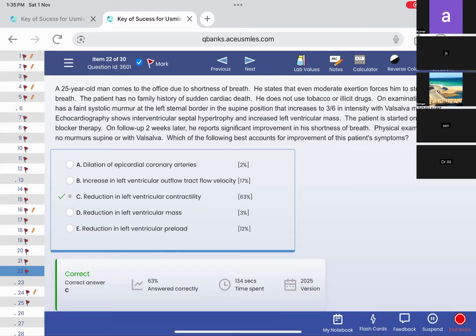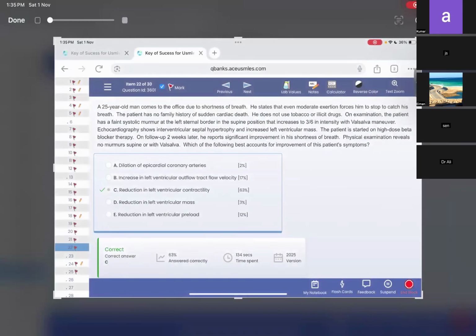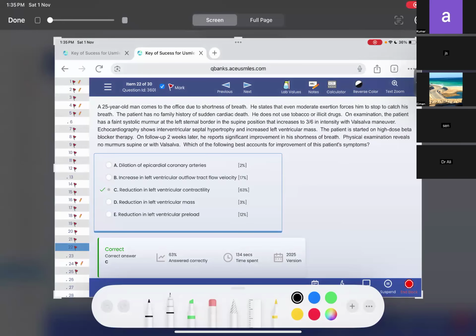Beta blocker will tend to decrease the flow velocity. Option E, sir. Does beta blocker do that? No, beta blocker will increase the left ventricular preload, not decrease it.